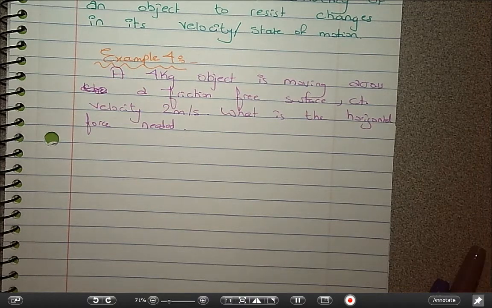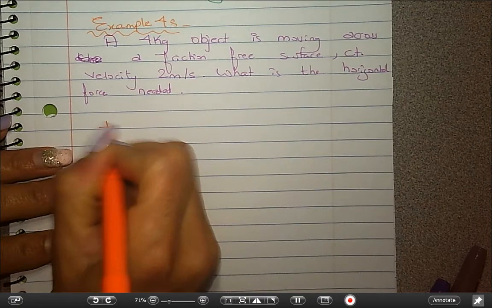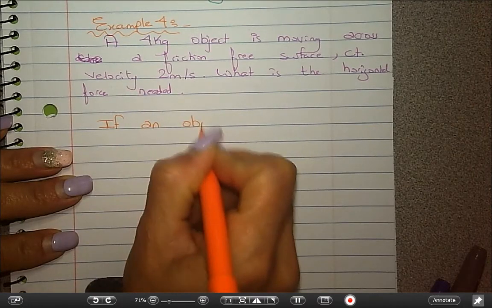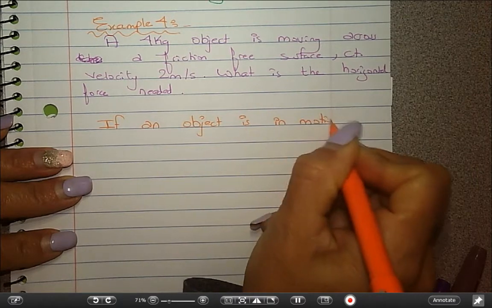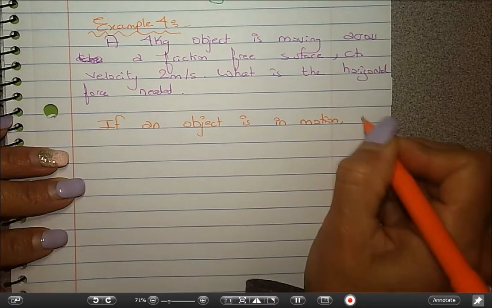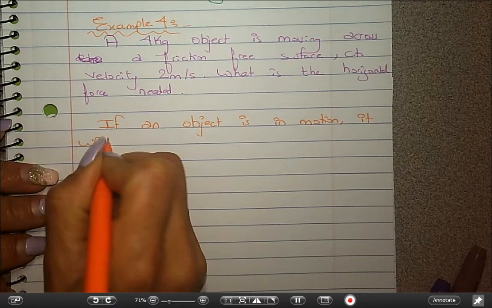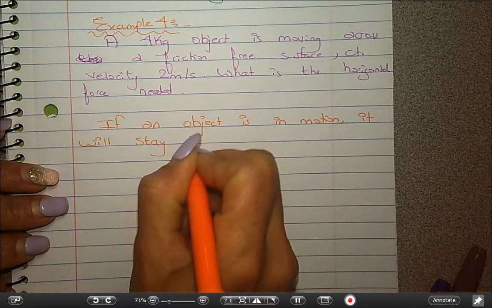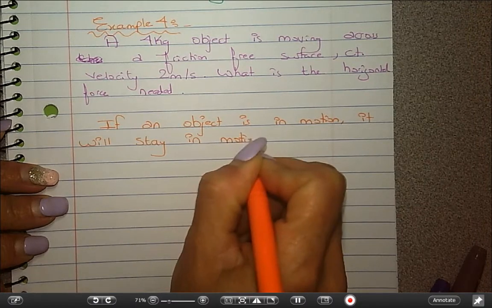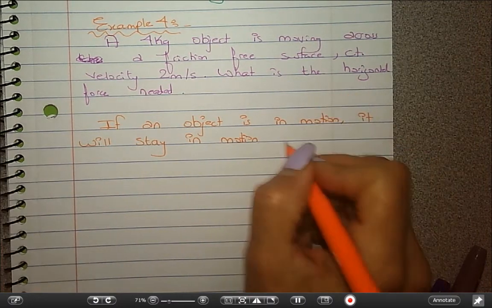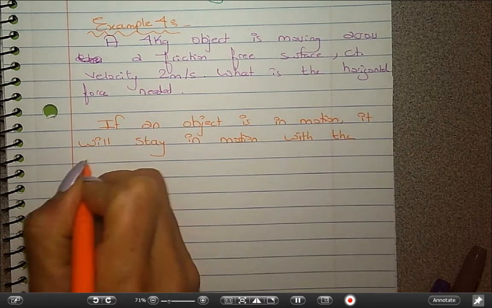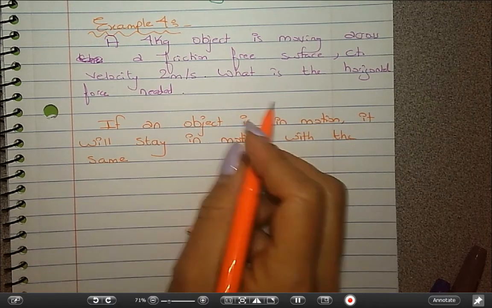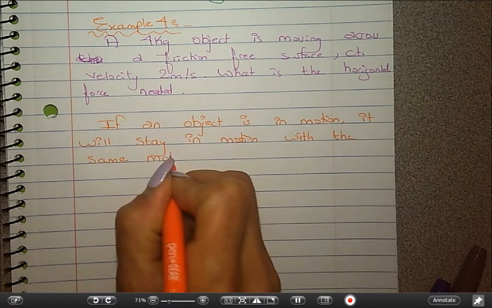All right, so we will say: if an object is in motion, it will stay in motion with the same motion characteristics.